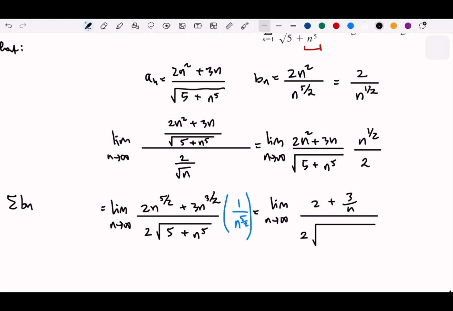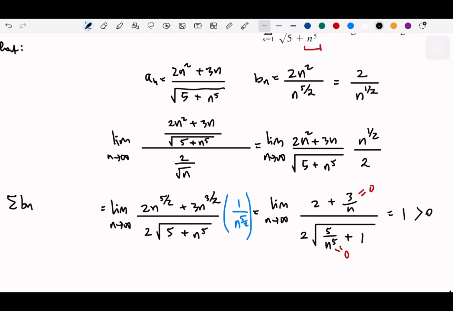And then this one is actually similar with this, right? Okay. And we know that this will be 0. This will be 0. And we have 2 by 2 is 1.